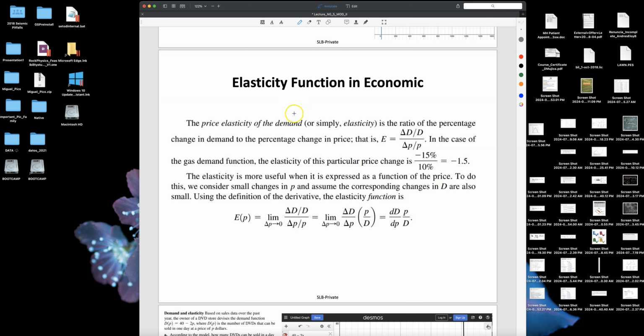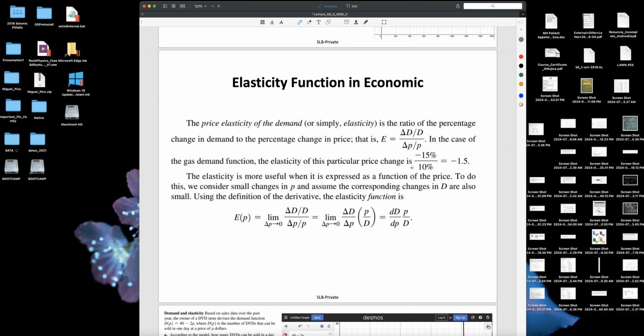Okay, so in the example that you have in your textbook, and I took a screenshot of that for that reason, they say the elasticity of the price in this particular case, in which they observe an increment of the prices of the gas of 10%, well, they ask themselves, if there was an increment of the gas of 10%, what is going to be the implication of that in the demand of the gas in the market?